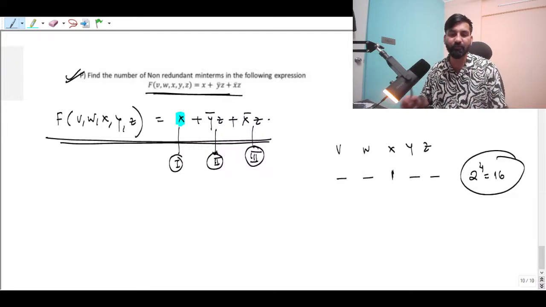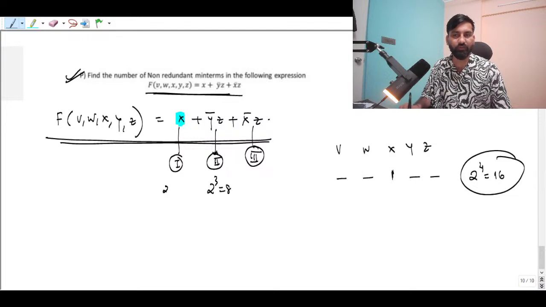From the second term, how many can we have? 3 literals are missing, so 2 to the power 3, which is 8. The first gives 2 to the power 4, which is 16, then 2 to the power 3, which is 8, and here also 2 to the power 3, which is 8.